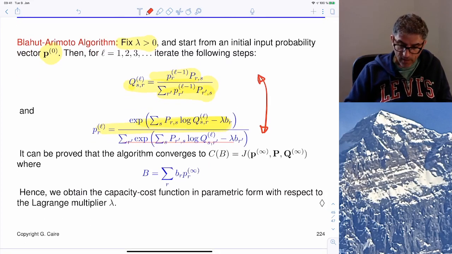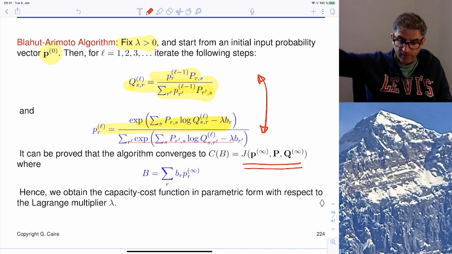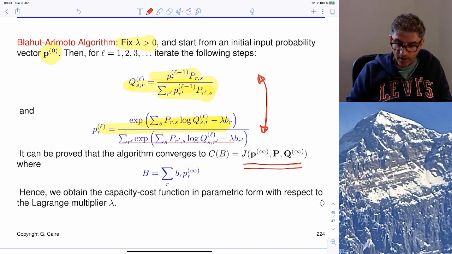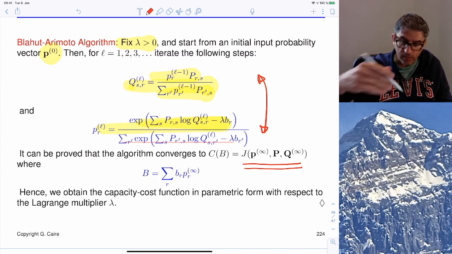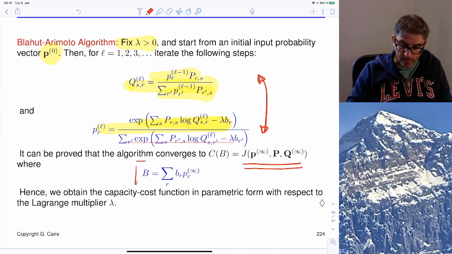At the end, our C of B will be the asymptotic value after many iterations of the J function at P infinity, Q infinity, where infinity means many iterations, and the corresponding cost B for that lambda will be given by this.